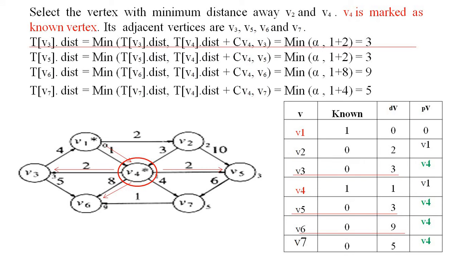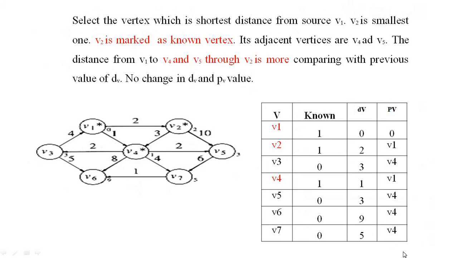Next, the v6 value. v4 is connected with v1, and v4 is connected with v6: 1 plus 8, so the current value is 9. We also mark all the updated path vectors as v4. And v7 is connected with v4 through v1: 1 plus 4, so the current updated value is 5.